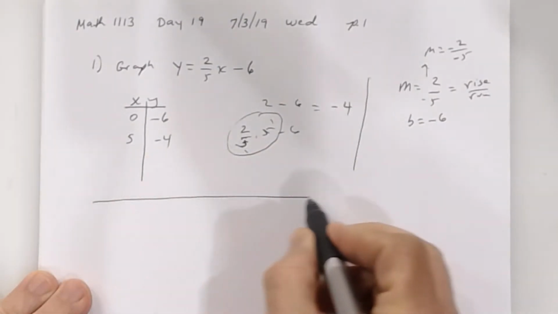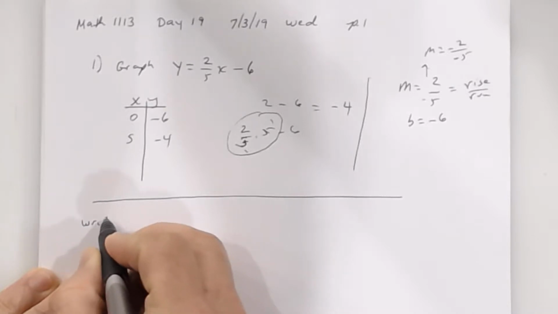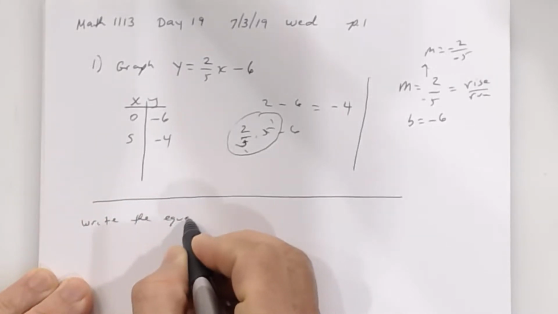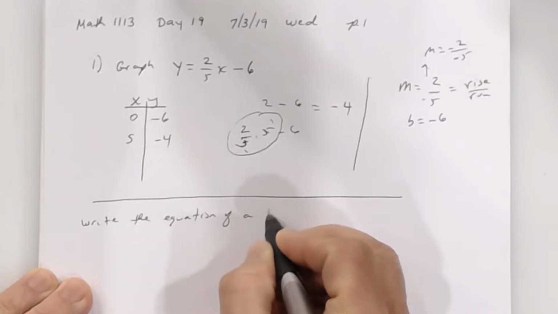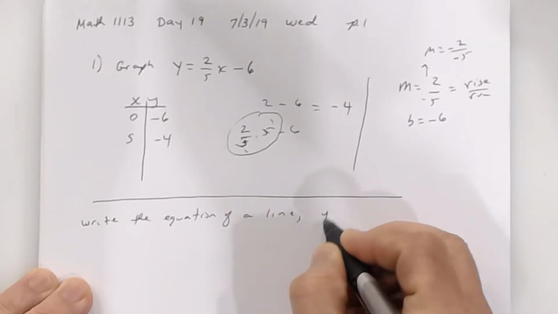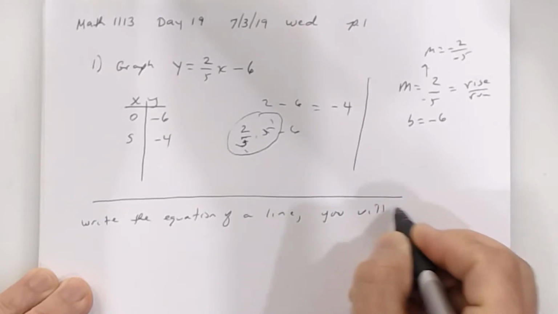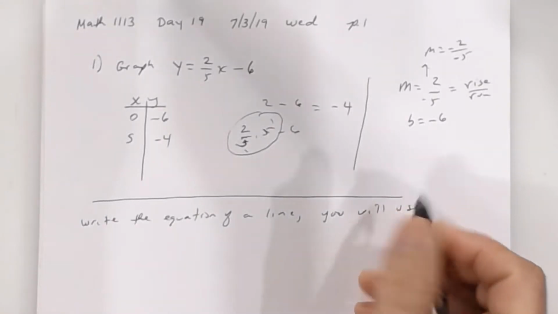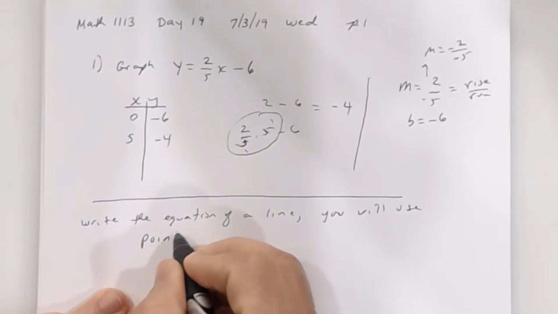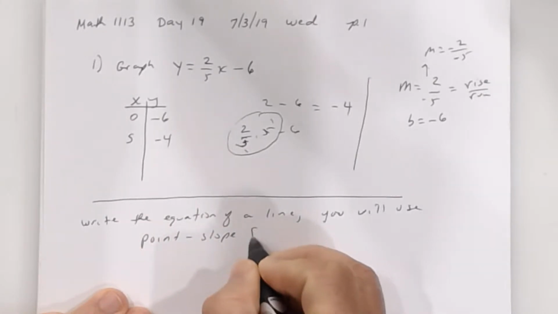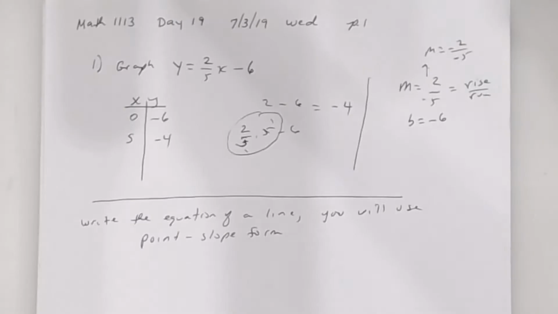So if you're going to write the equation of a line, you will use something called point slope form. Point slope form. Now I'll give you the formula, you just need to know how to use it. All right, so here's what point slope form looks like.